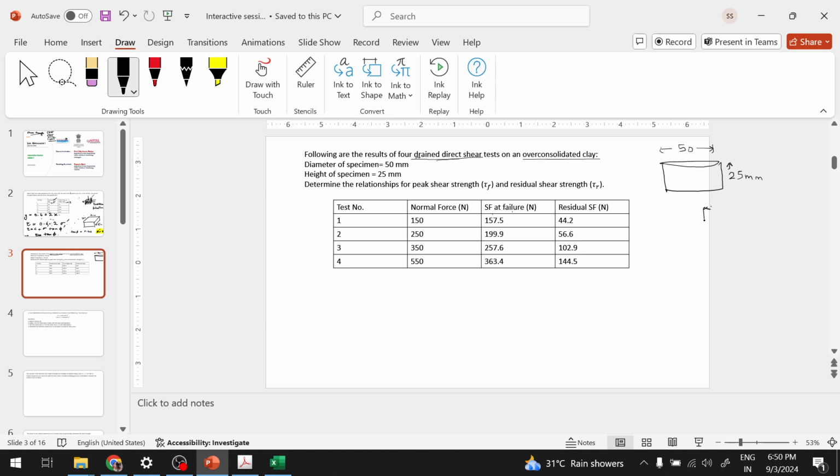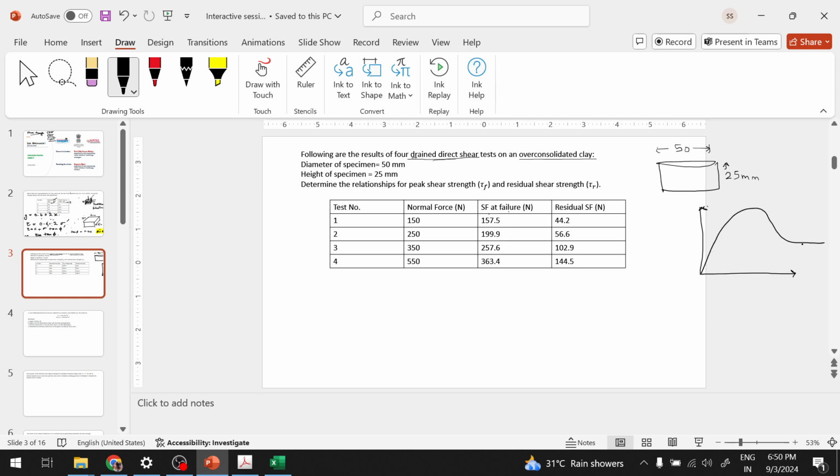As you know, when we load a soil, the shear force will first increase, then decrease, and then reach a steady value. This is our residual shear strength, this is our shear stress at failure, and this will be our sigma.